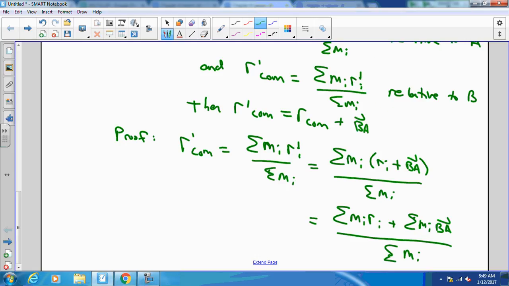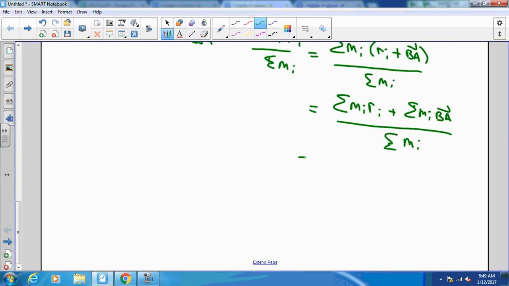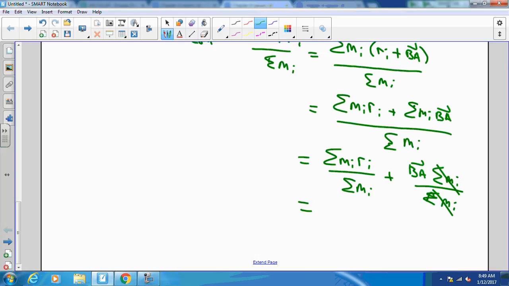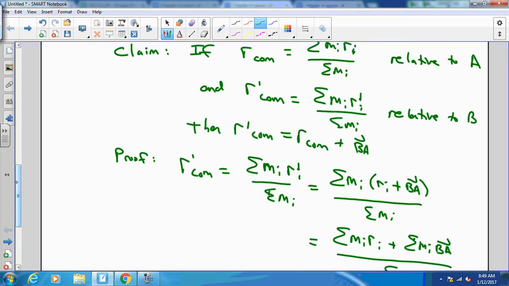So we can distribute our mi, and we observe that the vector BA is a constant, so that we can pull it out of the sum and our masses cancel. And this first quantity right here is exactly the original R COM plus BA. Yep.